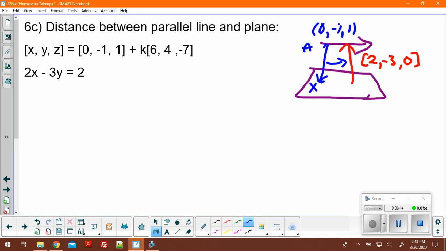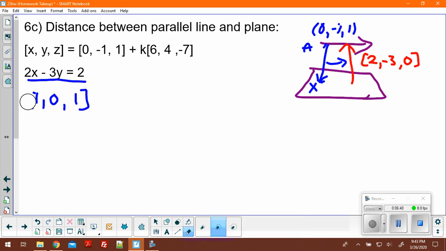Looking at my plane here, a nice easy point to use would be x is 1. So I'd have a 2 there, if y is 0. And then z is not in the equation, so it really shouldn't matter what I use for z. That seems weird, but I'll keep it simple just in case something comes up. It really isn't going to matter.